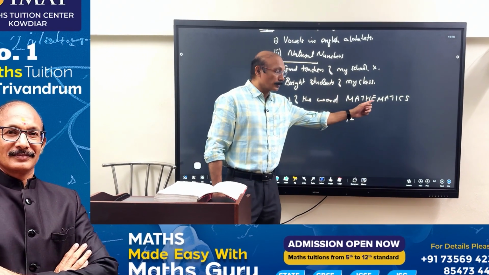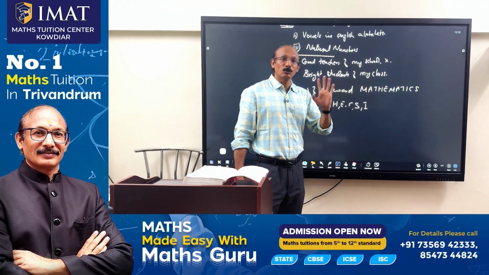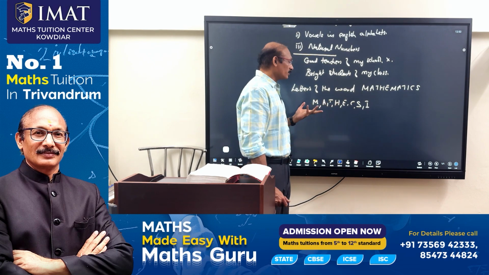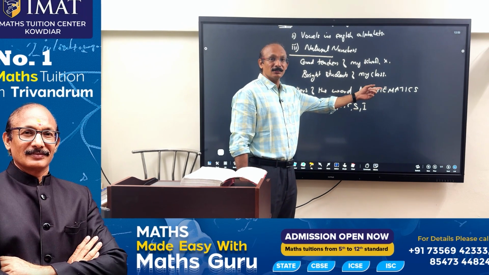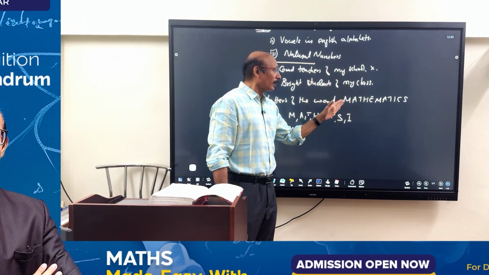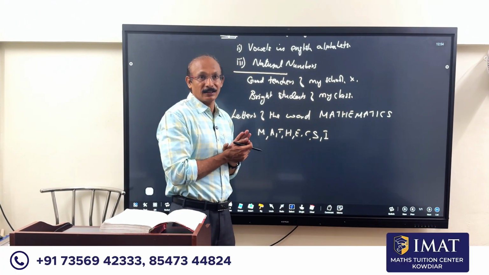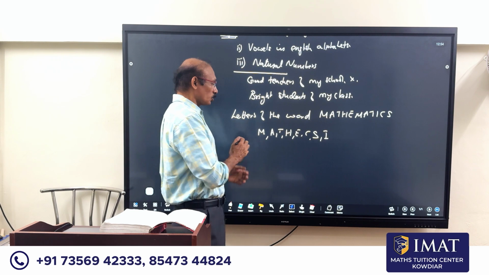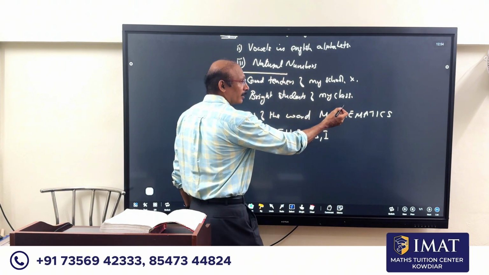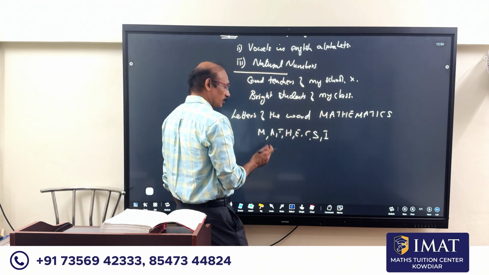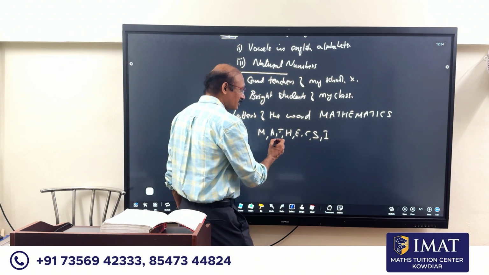See, here M is coming 2 times. You don't need to say 2 times M. What are the letters of the word? These are the letters of the word that you see in this. So here what you have done is, you have not taken those letters twice or thrice which are being repeated. Once is enough. So you don't need to repeat letters which are repeating. You just say once. So distinct.